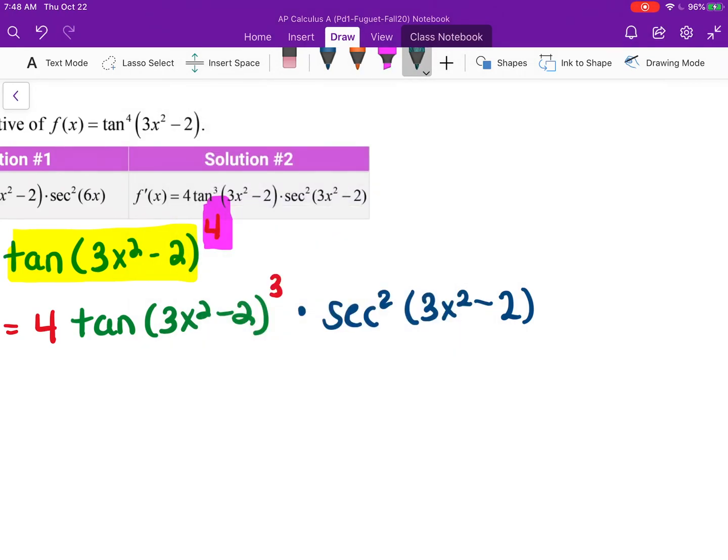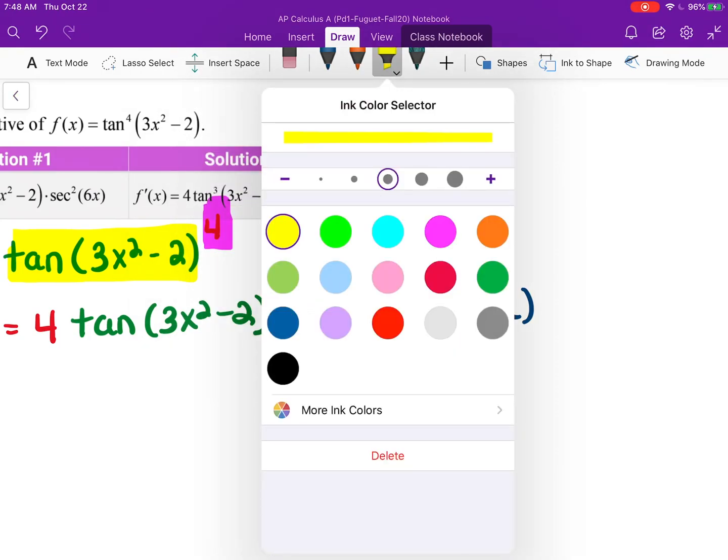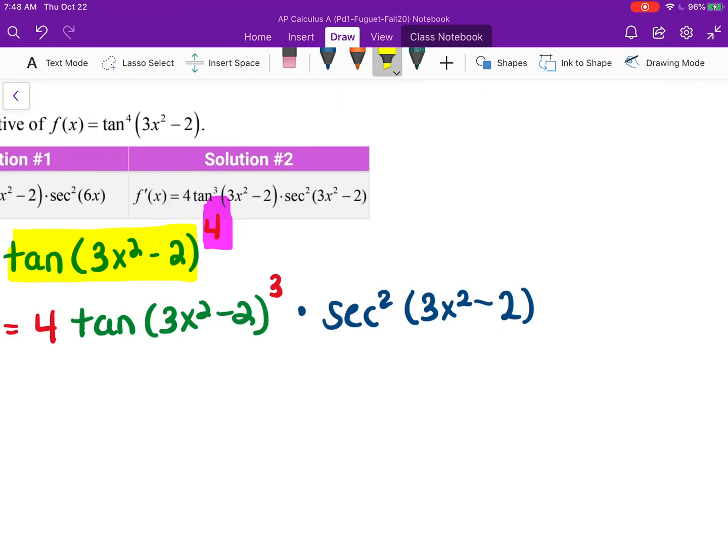You don't want to just stop here, because we're taking the derivative still of this blue part. Secant squared of 3x squared minus 2, that's the derivative that we're talking about now. We have an outside function, secant squared, but we also have another inside function, 3x squared minus 2.